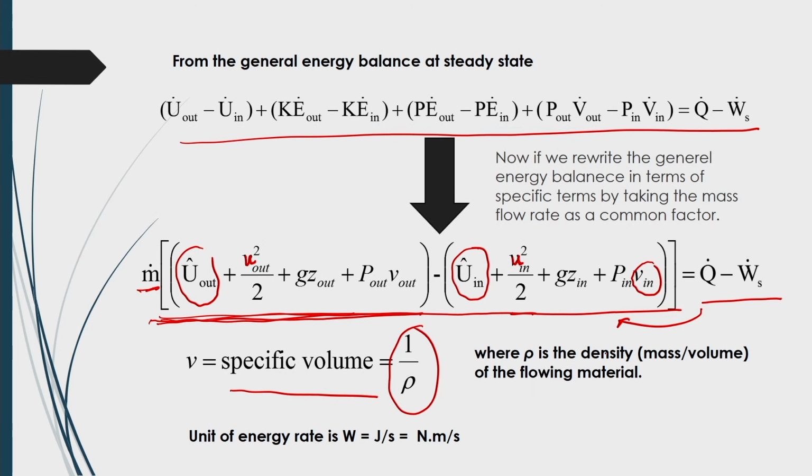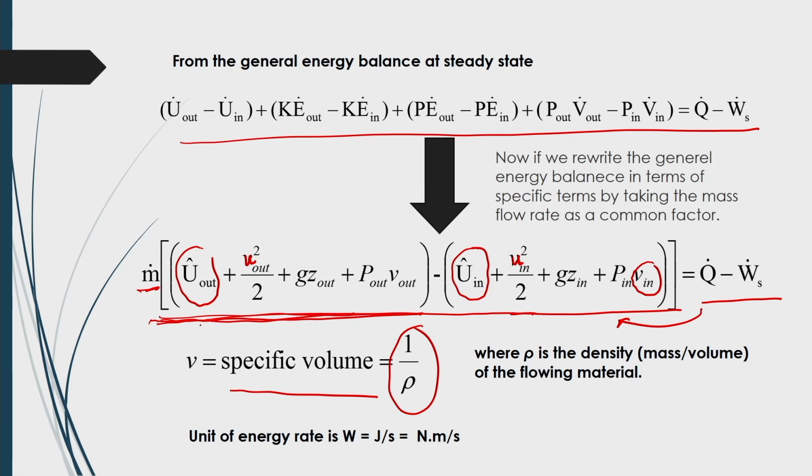And since rho is the density of the material, if it is constant for an incompressible fluid, we can consider that specific volume V to be constant. So only because of the pressure change you get the flow work there.